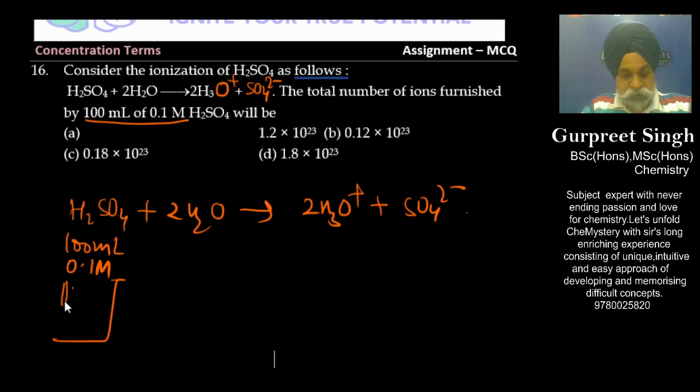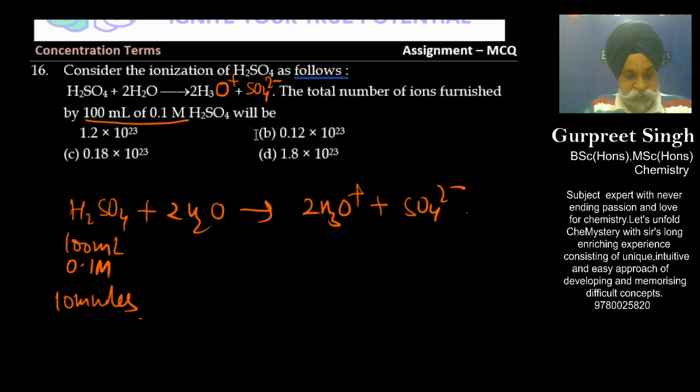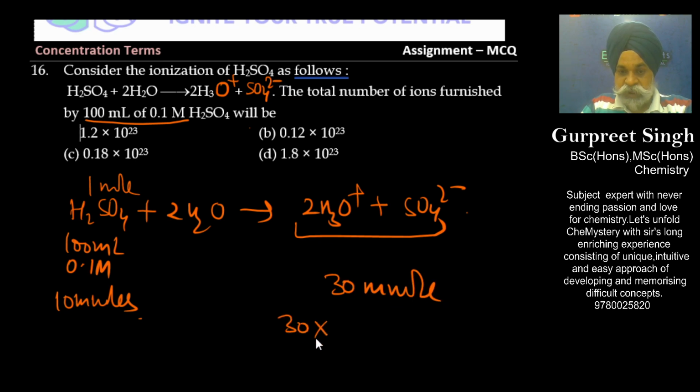It is containing 10 millimoles, and 10 millimoles is imparting me total number of ions furnished by it. Total number of ions furnished by it would be, if I would write it rightly here, giving me 3 moles. So 1 mole is giving me 3 moles. So 10 millimoles would be giving me 30 millimoles. 30 millimoles means 30 into 10 to the power minus 3 moles, and 1 mole is how much? 6.02 into 10 to the power 23.